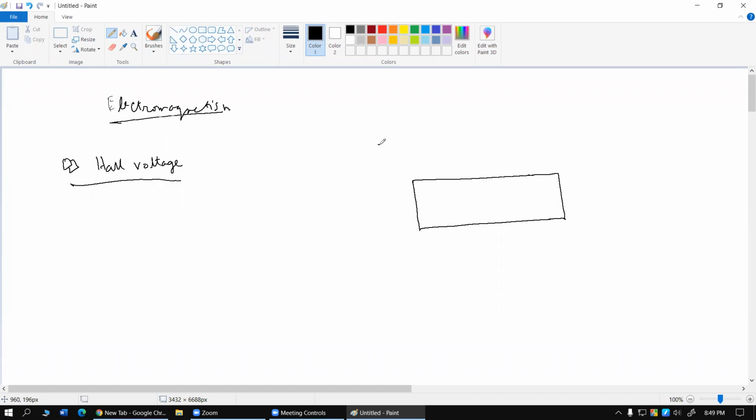Let's say within this space we have applied a magnetic field. The field lines are going into the page like this. So I can copy these and make it into a bigger field.